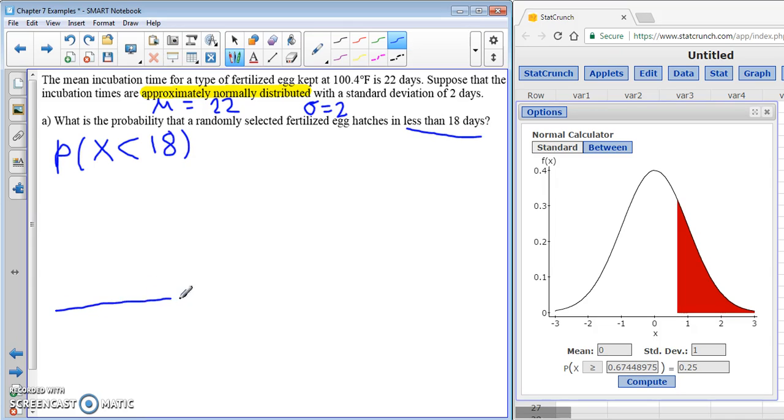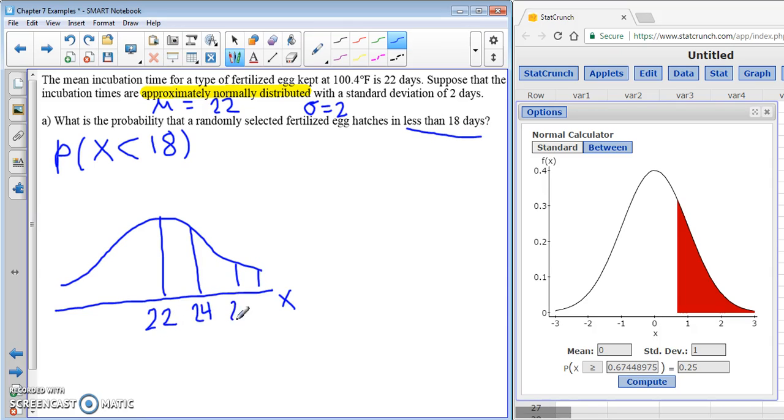Again, we could draw in our curve here. In the middle we have 22. And I'm going to put an X because we're working with X now, not the standard normal distribution curve, but just a normal curve. Our standard deviation is 2. If I go up 3 standard deviations, 22 plus 2 is 24, plus another 2 is 26, plus another 2 is 28.